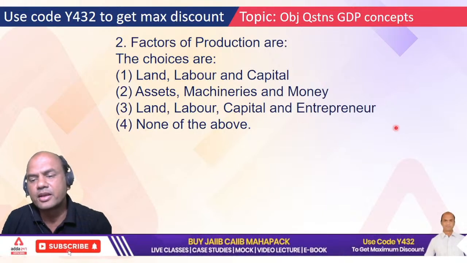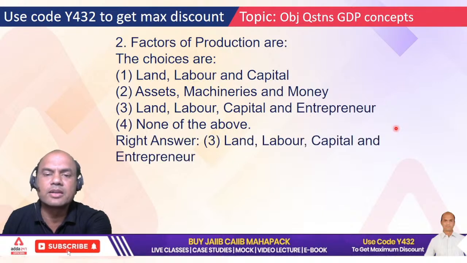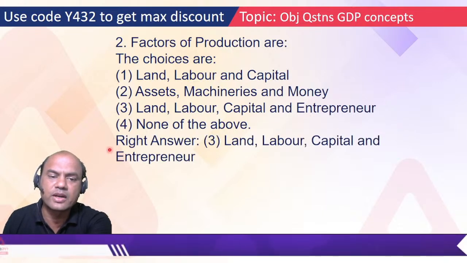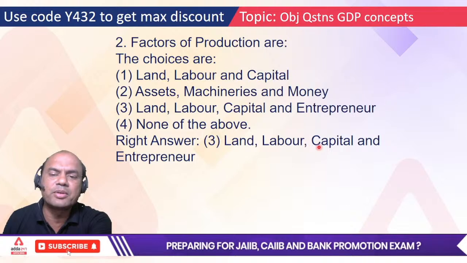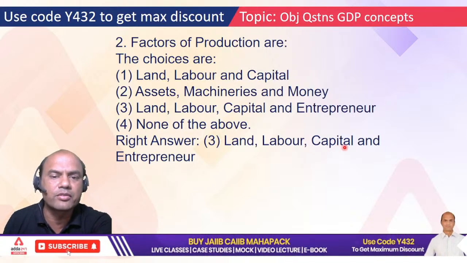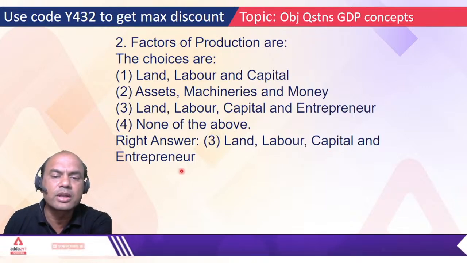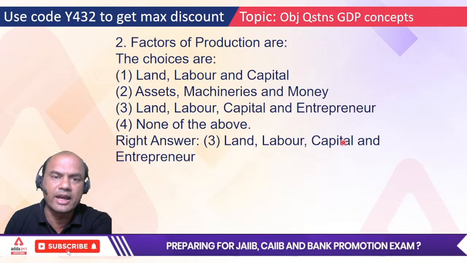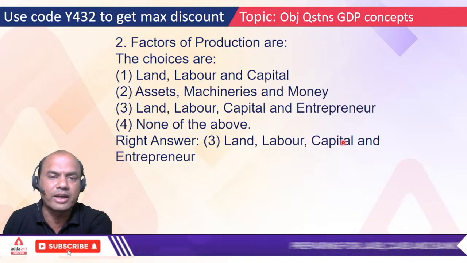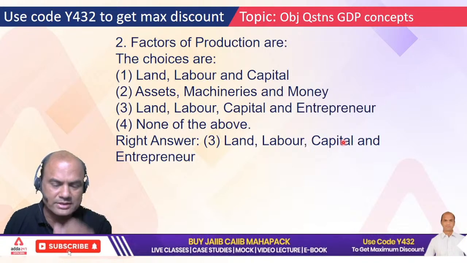Answer is definitely 3. Entrepreneur is also added because land, labor and capital are available anytime, during any period of human existence. But somebody is needed who can collate all these things and bring the factory or the product into existence, right?